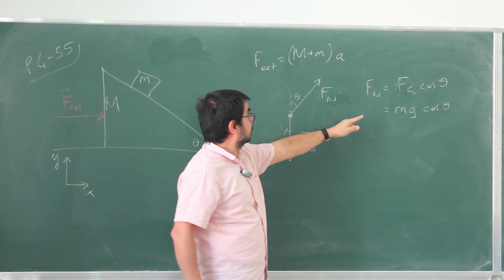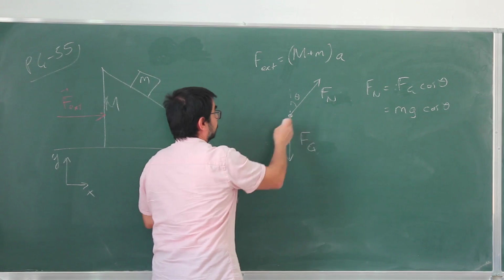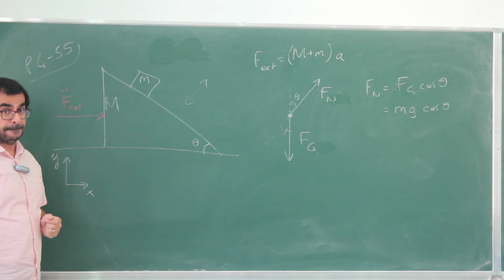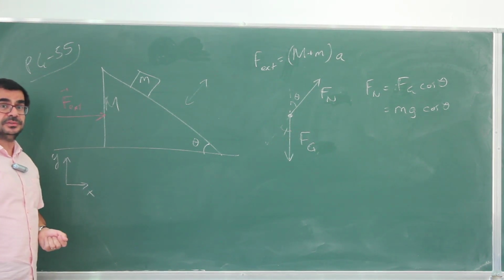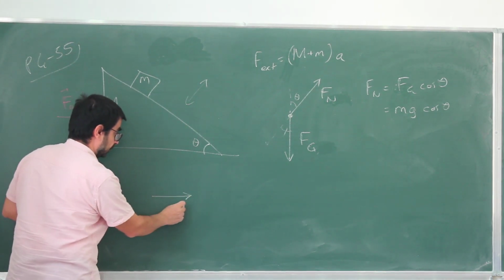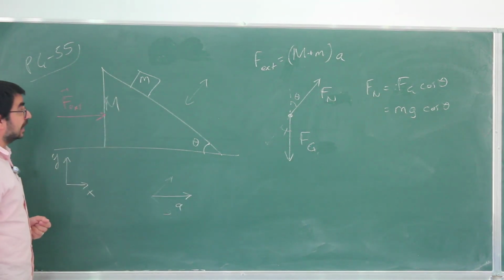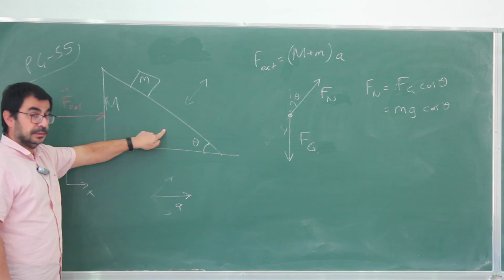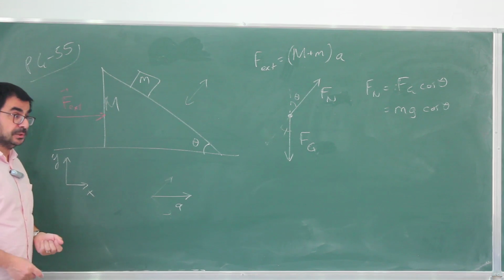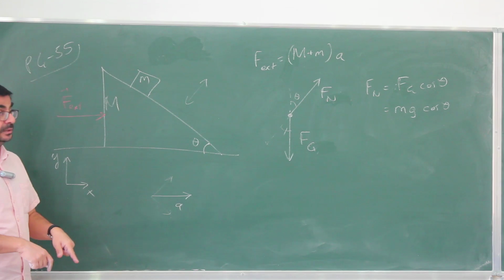So in this case, this component, Fg cosine theta, is going to cancel that component, so there's not going to be any acceleration in this direction. Is there no acceleration in that direction, though? In fact, there is. There is an acceleration going this way. And that acceleration certainly is going to have a component this way as well as this way. It's not moving with respect to the incline, but it does have an acceleration along the incline as well as perpendicular to the incline. That's because the incline itself also has those accelerations. So this is not going to work.